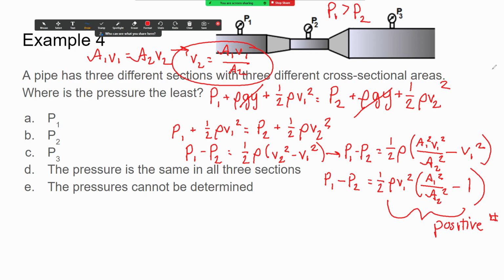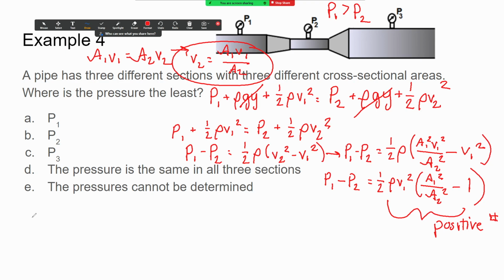That doesn't actually solve our problem just yet, unfortunately, because now we have to look at the fluid as it goes from P2 to P3. How does that look for our equation, and will P3 or P2 be greater? Once again, you probably could have looked at this and just determined that P2 is going to be the least amount of pressure, but let's run through this.